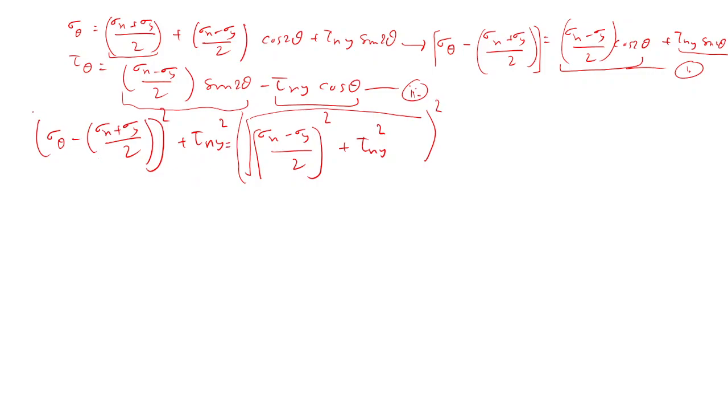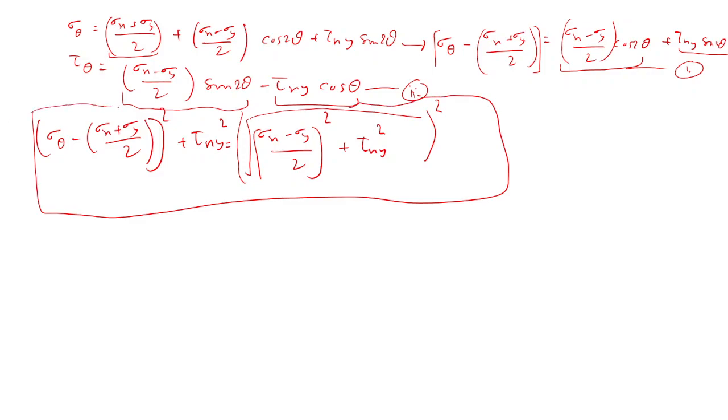So are you able to see anything here, what it became? Here it is like x minus x naught whole square plus y minus y naught whole square is equal to r square, right?